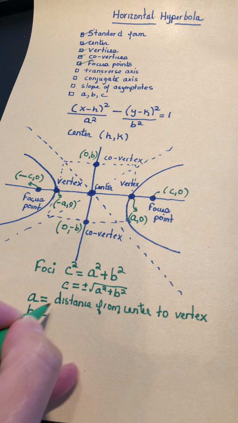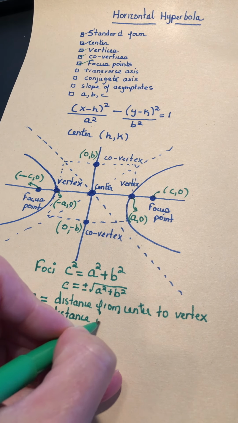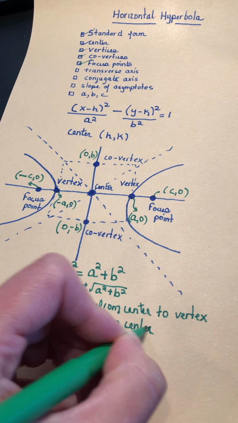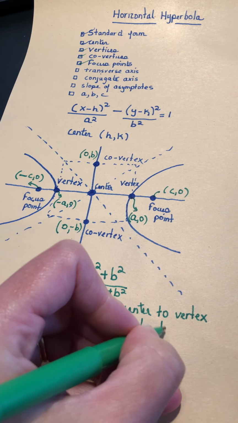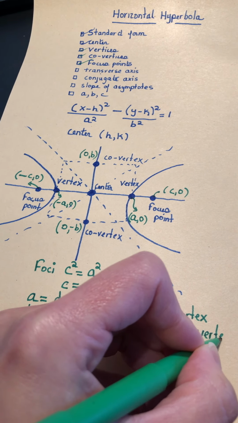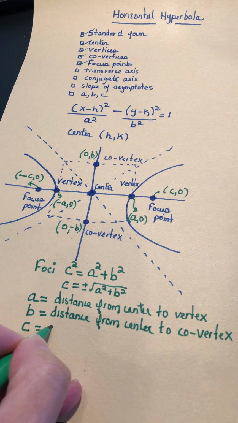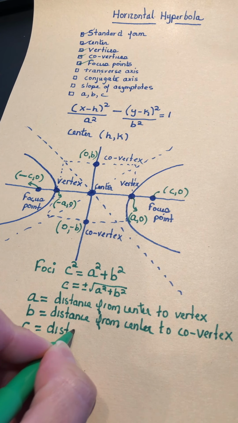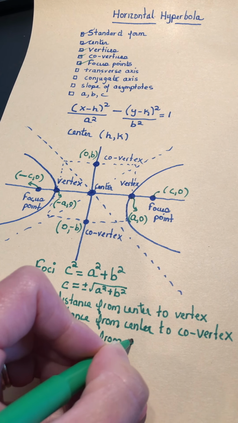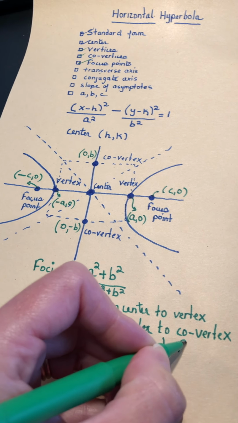Well, B is the distance from the center, okay, to the covertex. And hopefully that sounds logical. And then finally, C is the distance from the center to the focus point.